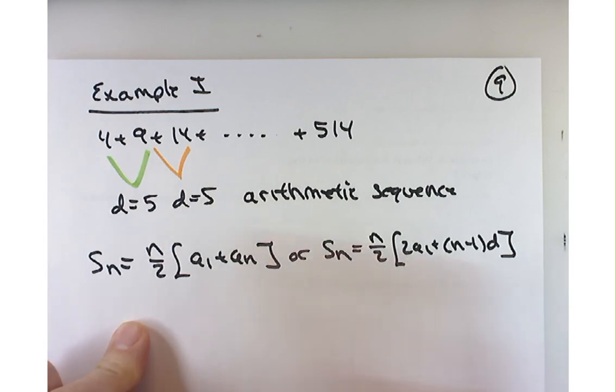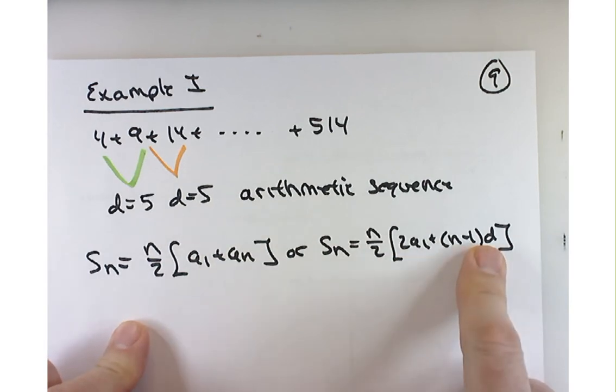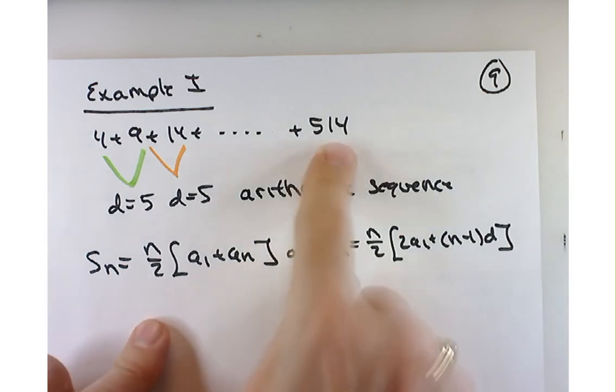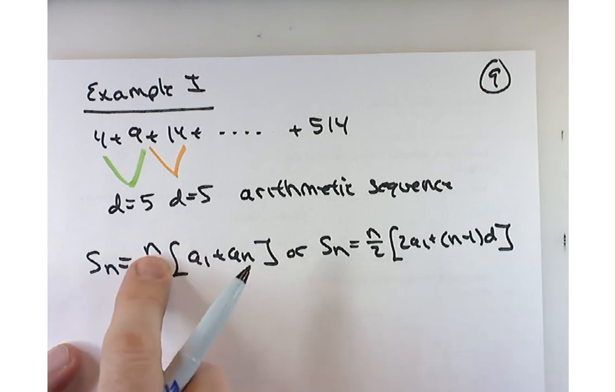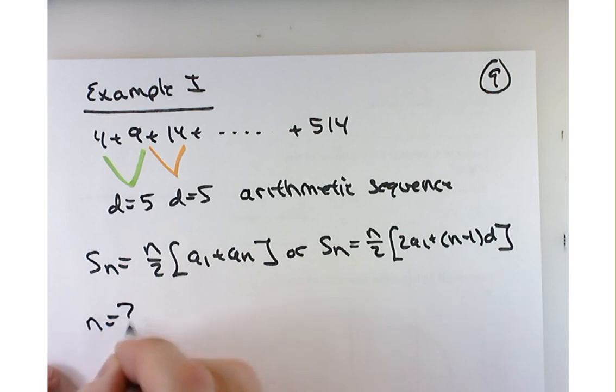I know what d is, so I'm good here. I know what the last term is, that's 514, but there's one thing that I don't know. Which variable am I missing here? A of n. Close. Or d, n. n, yeah. Problem is, we don't know what n is.